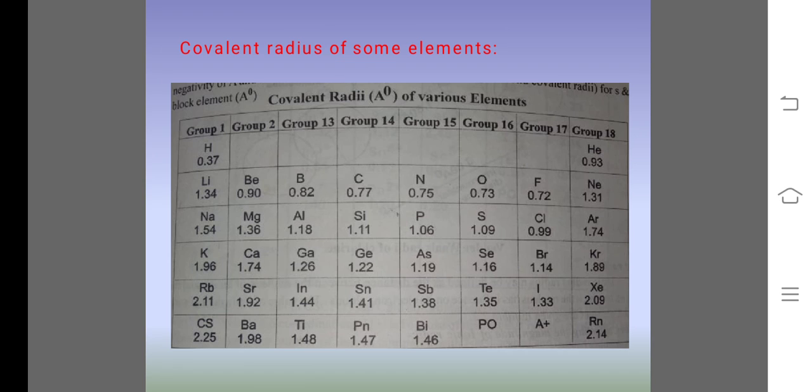How is that? Because electrons are added into a new shell, and that's why the size of the atom increases. So the atomic and ionic radii also increase.